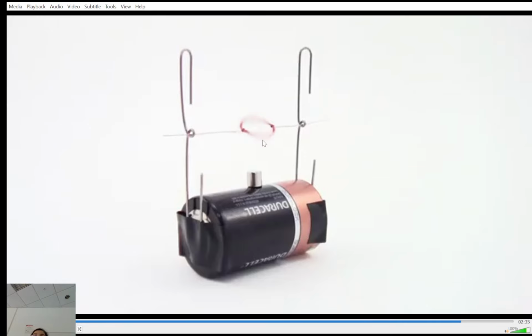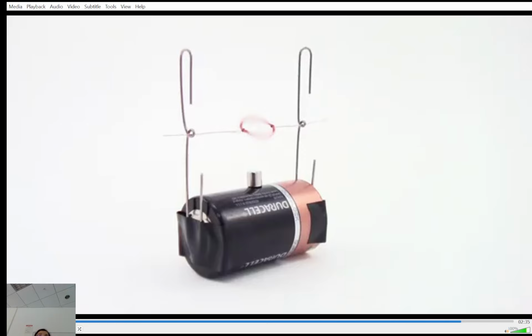So it's the same idea, right? You have a loop of current. You have a permanent magnetic field. You have current flowing, okay? So the loop wants to be stuck. But because one side here is partially insulated, so some of it is not insulated, that means it will not be stuck. It will lose connection and keep spinning. So it's not that hard to make, but you need wires with some kind of insulation.